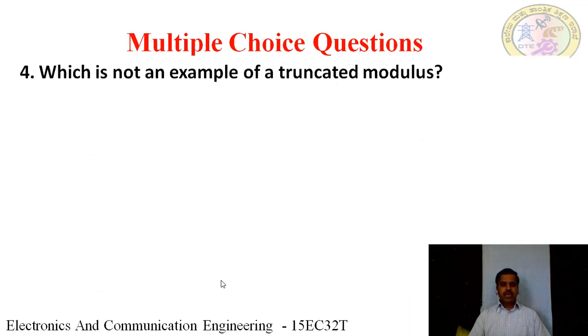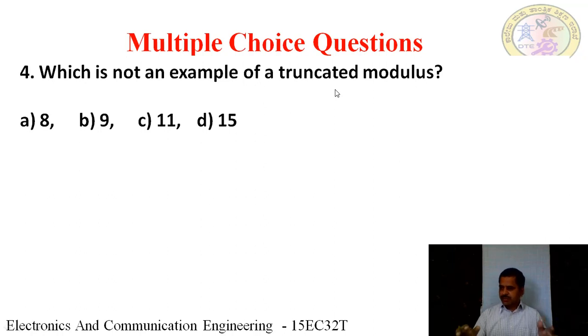Next, fourth one: which is not an example of truncated modulus? 8, 9, 11, 15. What is a truncated modulus? It means the counter is terminated before it reaches its maximum value.